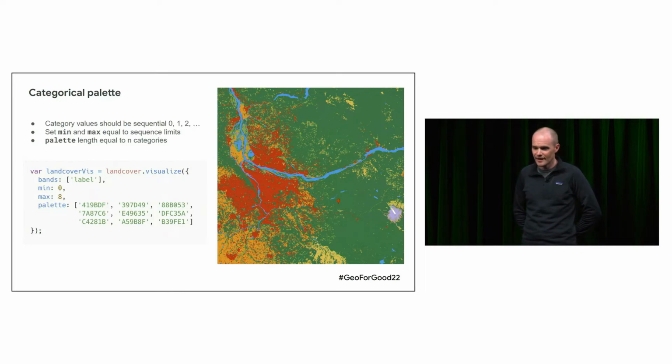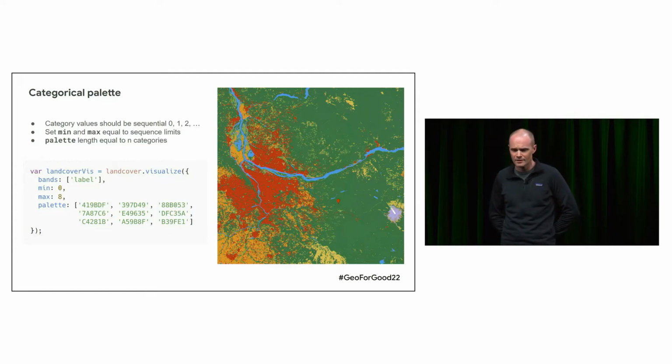If you had data that was spread apart, you would want to do some reclassification to get it into a sequence. And then all that we do is provide the min and the max for the range of the classification values, and then make sure that you have as many colors as there are classes. So here we have 9 classes, and we provided 9 colors.